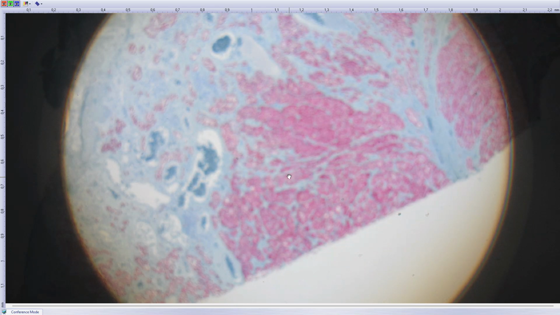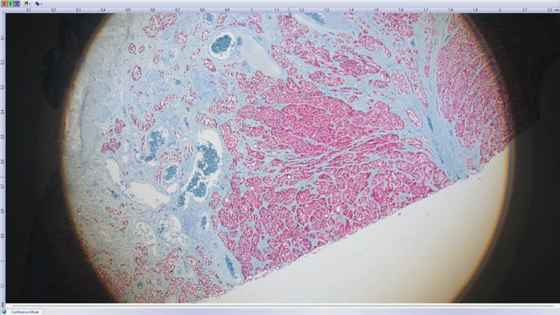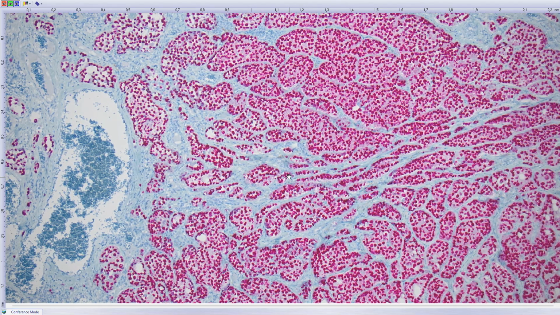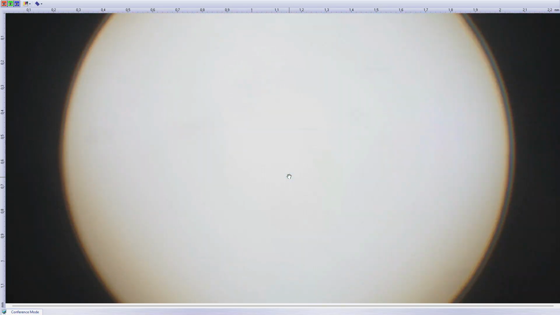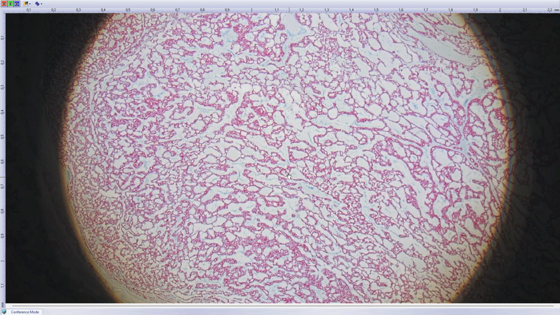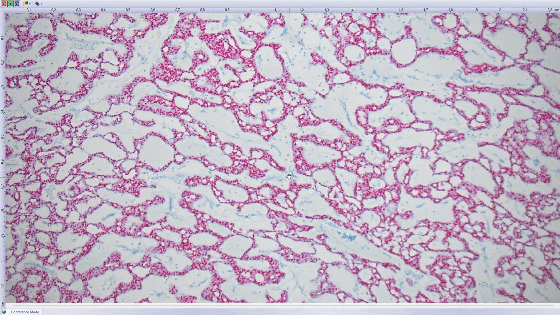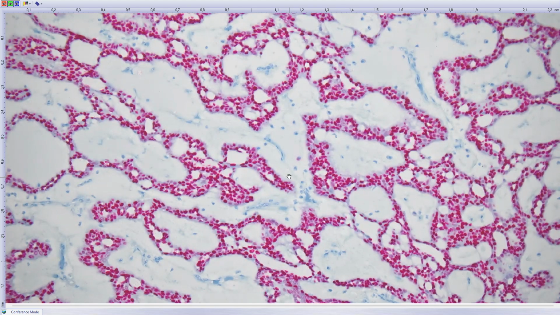So the staining is very strong for SOX10 in all cells. This is not a biphasic tumor. I'm sorry, that was a control case, but the staining is even better than in control. So you can see that all the cells are nicely positive in the nuclei.